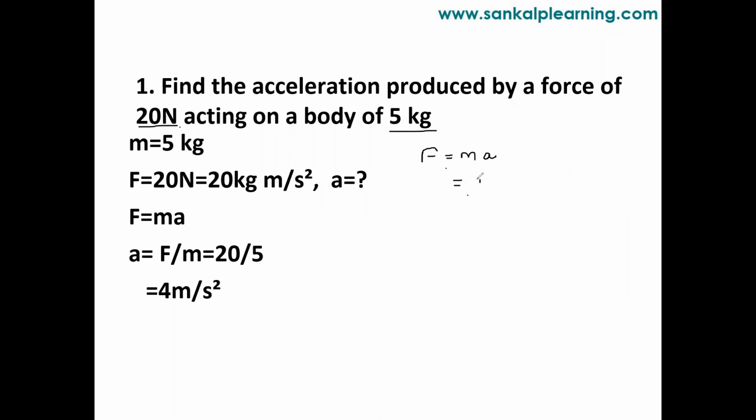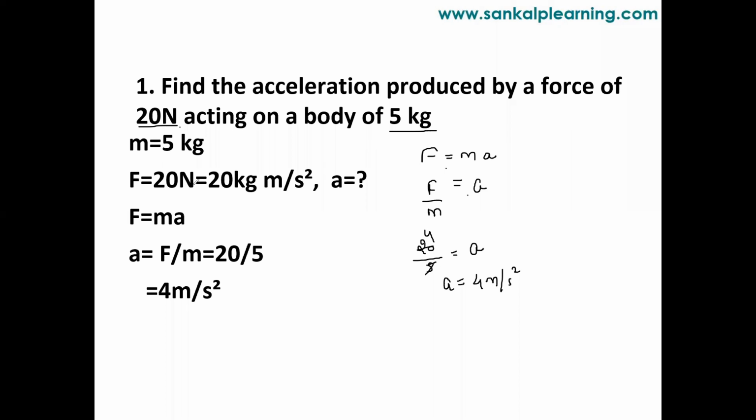So we can write acceleration is equal to force divided by mass. Force is 20 Newton divided by mass, which is 5 kg. This is equal to acceleration a. We can cancel: 5 ones are 5, 5 fours are 20. Therefore acceleration is 4 meter per second square.